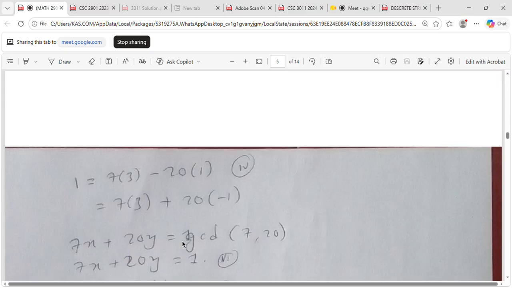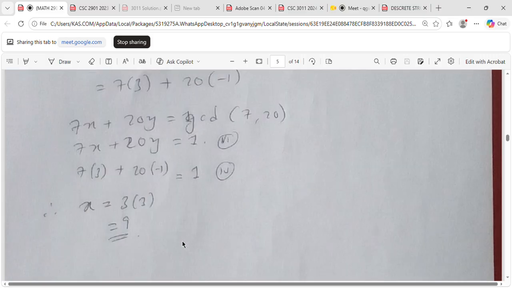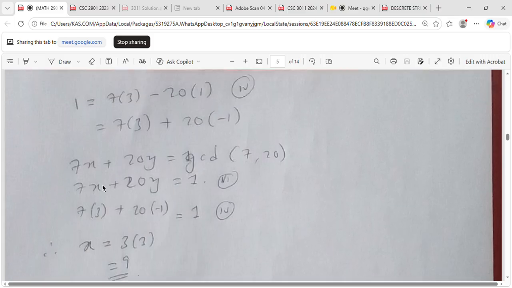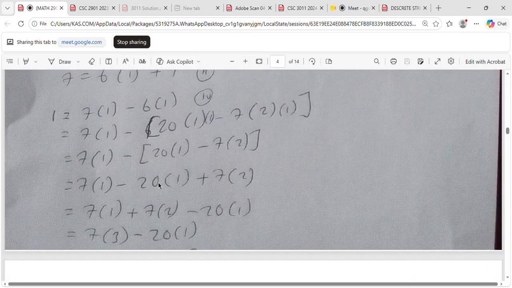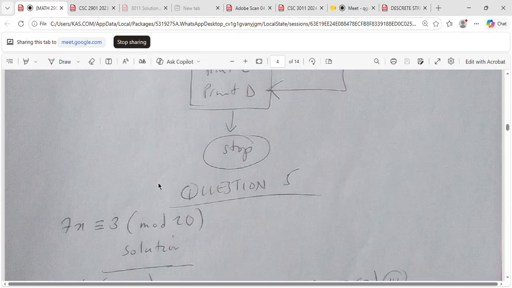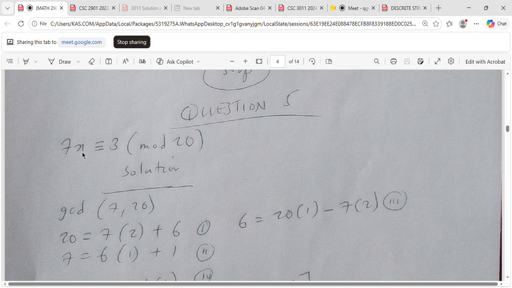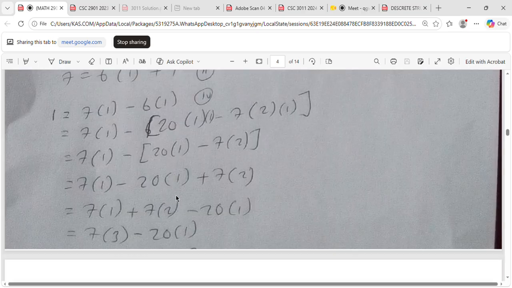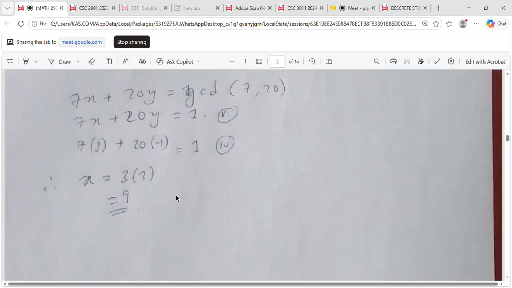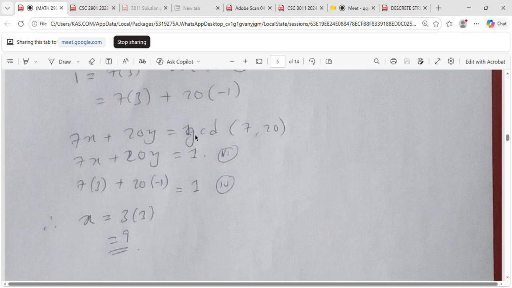And remember, you have to come up with this equation: 7x plus 20y. This is what is in the bracket. So 7x plus 20y is equal to the GCD of 7 and 20, and this is what we are doing here.